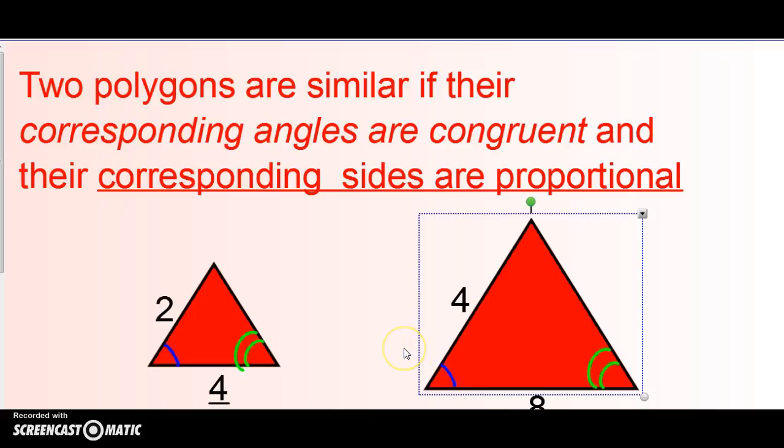Then you check, does it have the same proportion on the other side? Here, this is 8, which is twice the amount of 4. So you would say 2:4 as 4:8, and they are proportional because they can both be reduced to the same ratio.